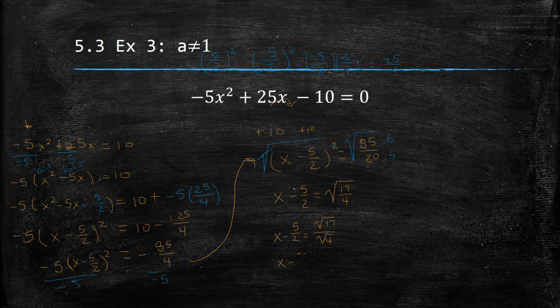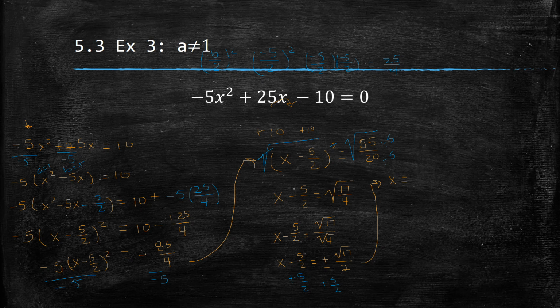So we now have x minus 5 over 2 is equal to plus or minus the square root of 17 over 2. So we're going to add 5 over 2 to both sides. Let's come up here. Sorry, this is so sloppy, guys.